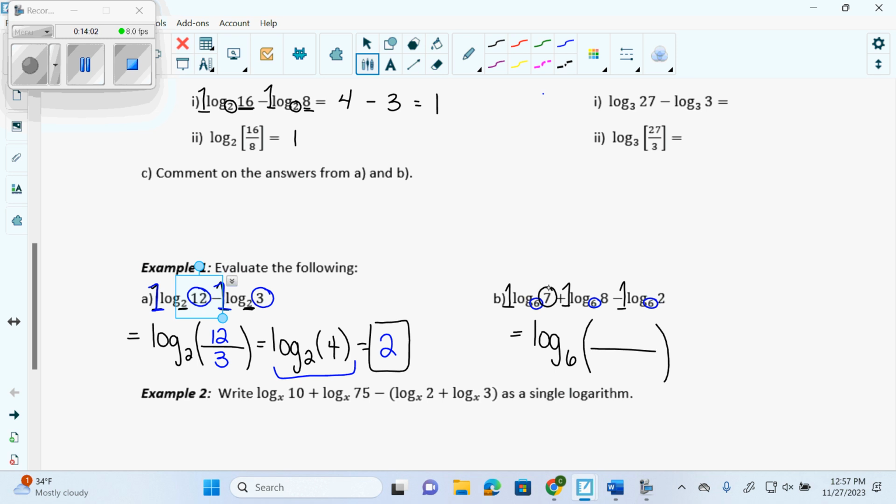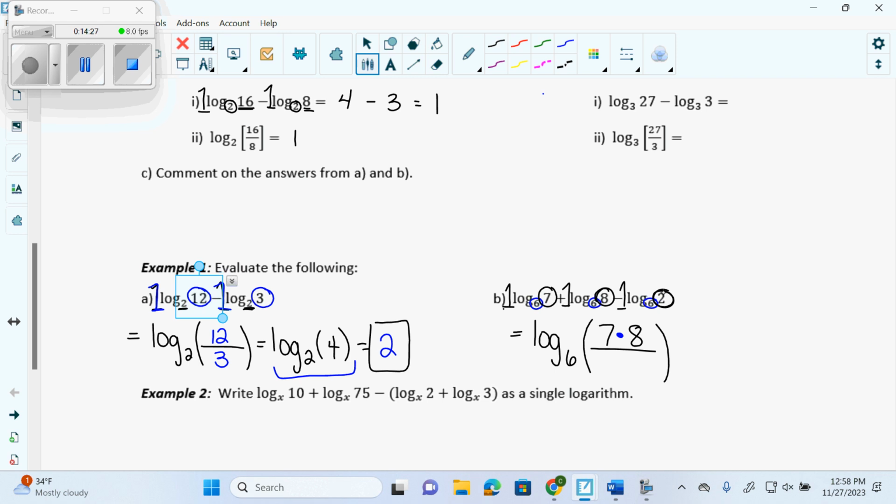Where does this 7 go? On top, because there's a plus 1 in front. Where does the 8 go? In the numerator. When I have two numbers in either the numerator or the denominator, I will multiply them. Do you think they'll have the oopsie of you adding them there? They will. And then the 2 has a minus 1 in front, so where does it go?